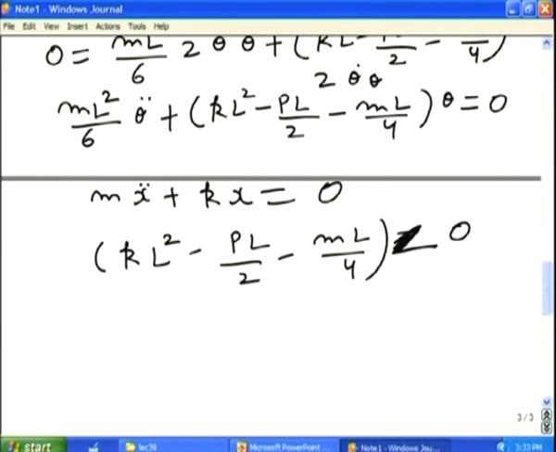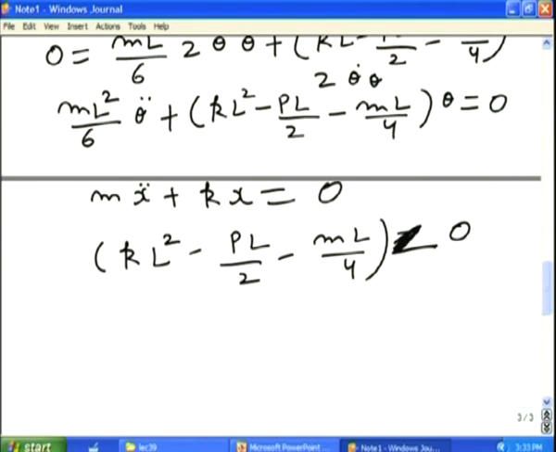Beyond that, it will be unstable. The rod will not be able to come back. When you displace it, it will go in the other direction. Exactly when KL square minus PL by 2 minus ML by 4 equals 0, you can give any displacement, and the rod will remain at that position. It will not try to come back.